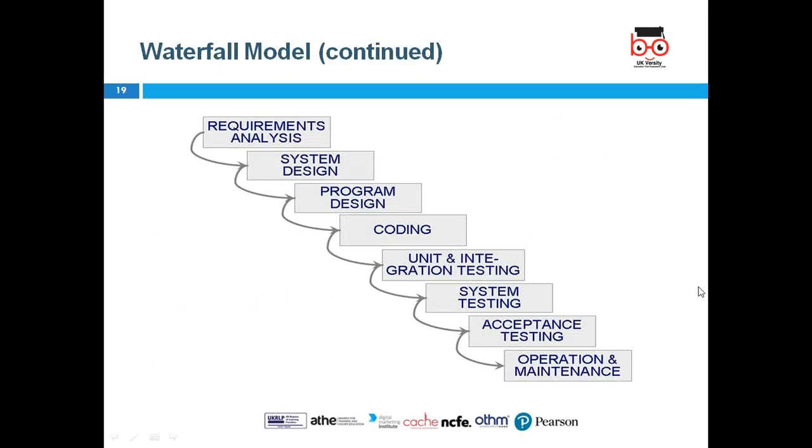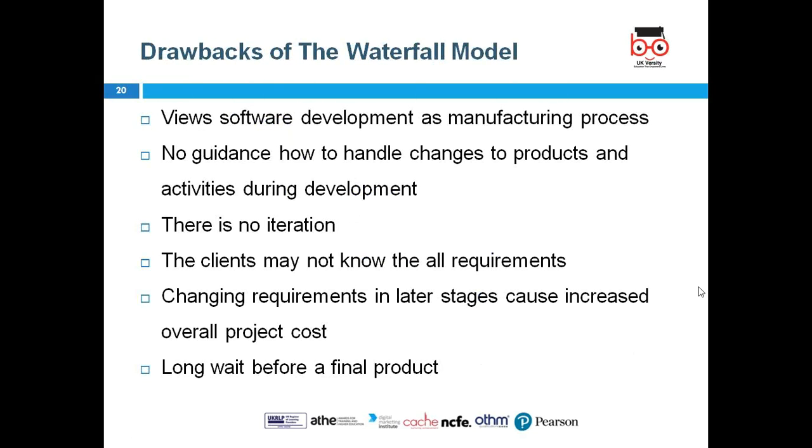Now, these are the conventional diagrams depending on the four important stages, and further some drawbacks, like we discussed that you always cannot have the requirements fully available at the start of the project. Do you agree?